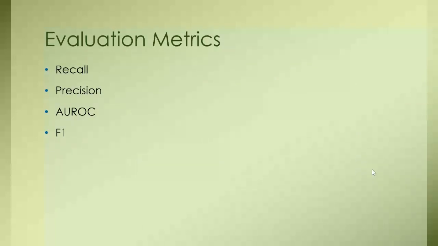Now let's understand the evaluation metrics that would come into the picture. First, starting with the definitions. Recall is the percent of truly positive instances that were classified as such. Then there is precision. It is the percent of positive classifications that are truly positive. This problem deals with the trade-off between recall and precision.